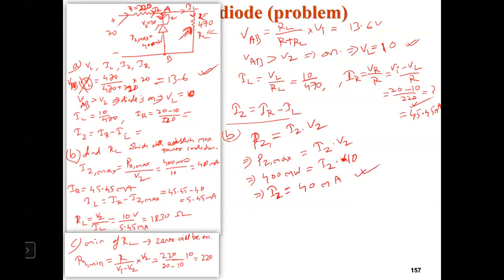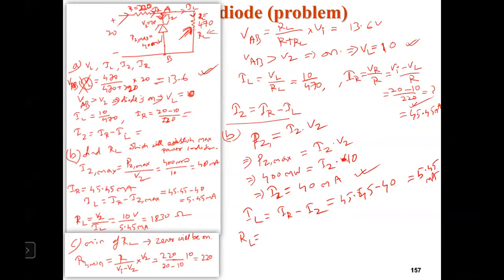That means IL is obtained by subtraction: IL equals IR minus IZ, which is 45.45 minus 40, equal to 5.45 milliampere.